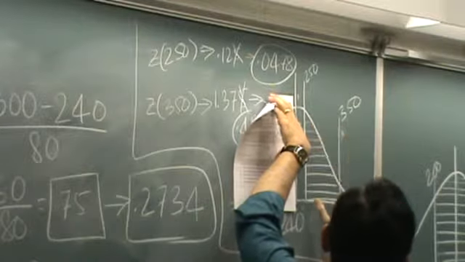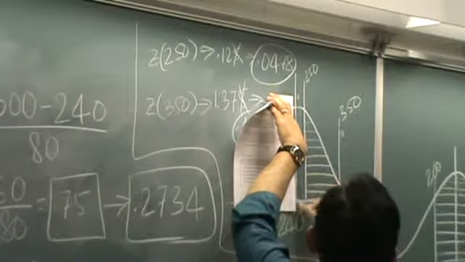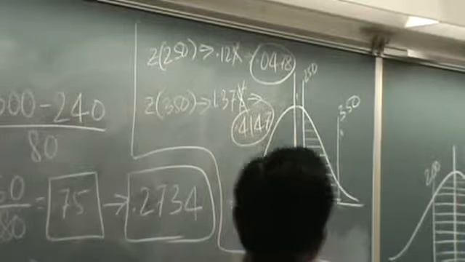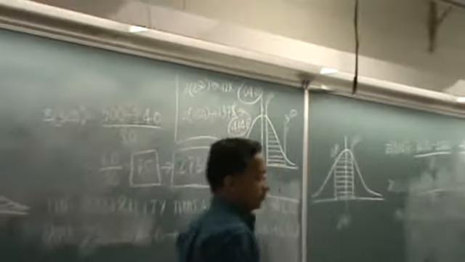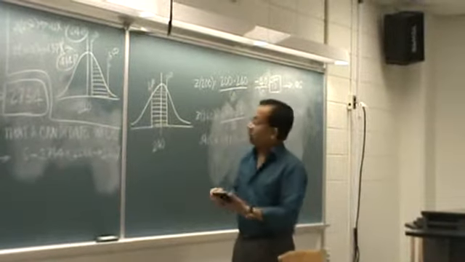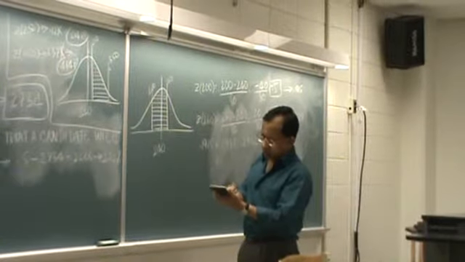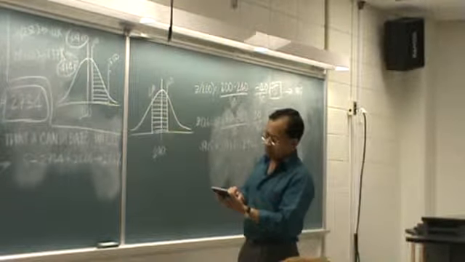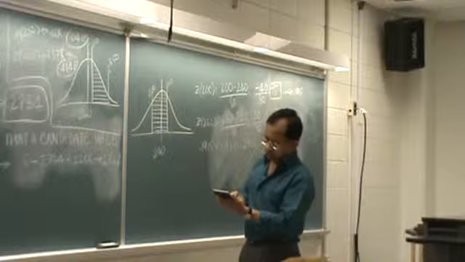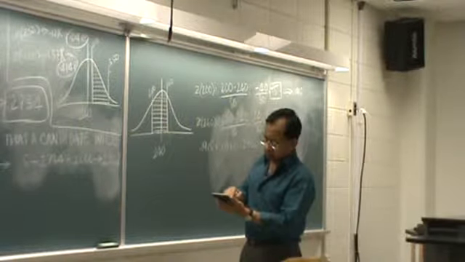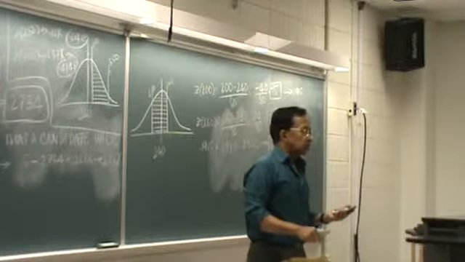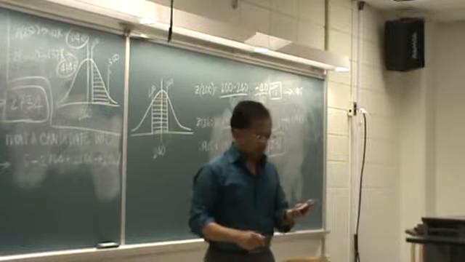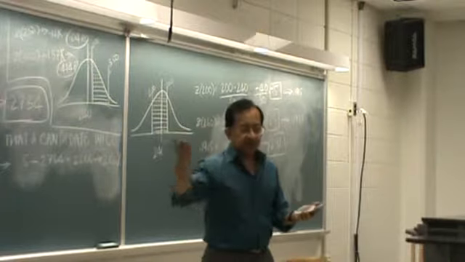We just need this part. This one gave you this area. So all you do is subtract this one from this one. So what do we have? 0.3669, am I right? So it will be 36%.